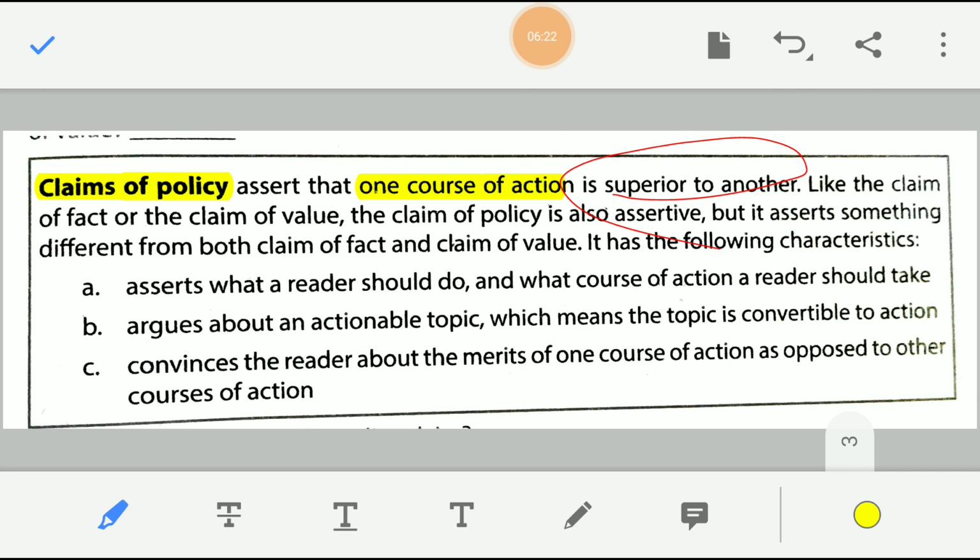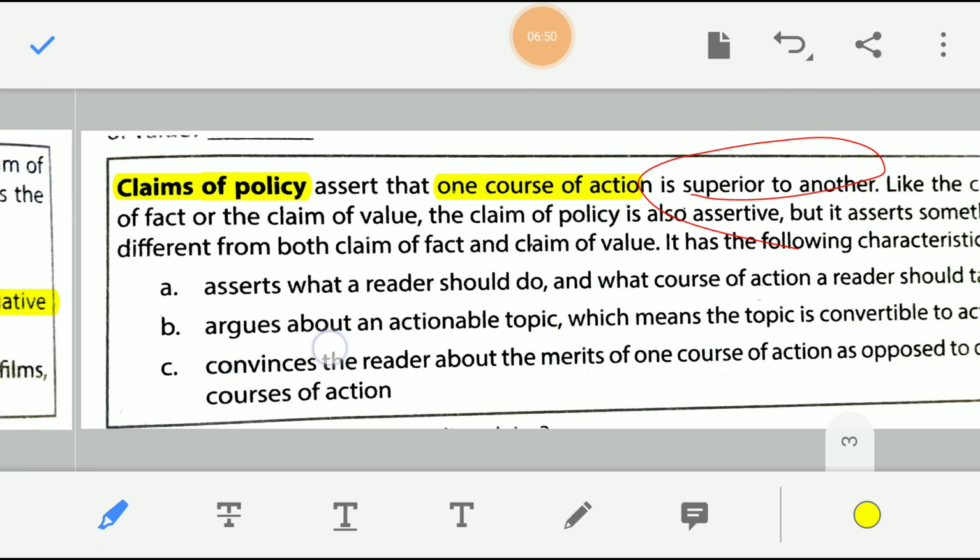So when you're having a claim of policy, you would like the readers to be convinced that this is a better choice or that this is the one to be done. And just always remember that a claim of policy would like to change something. That's why you are telling the people or the reader to do this.